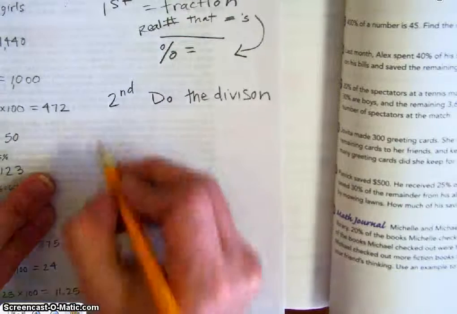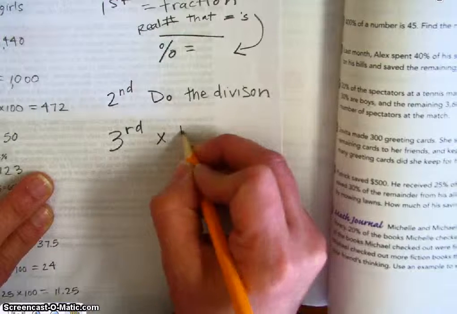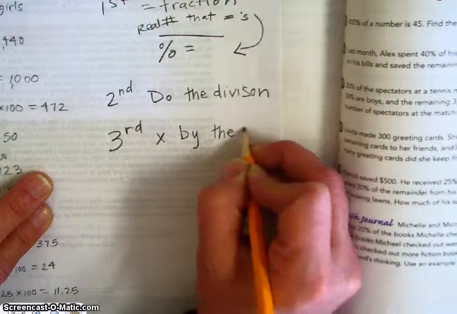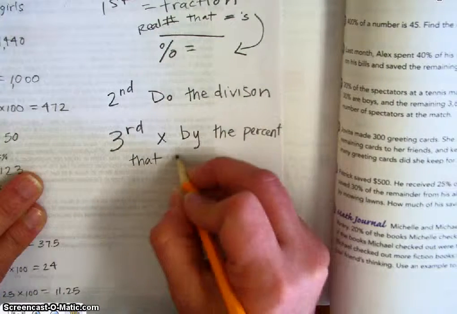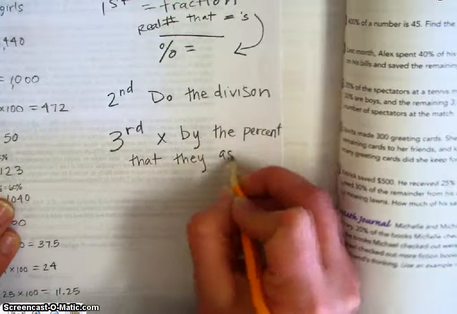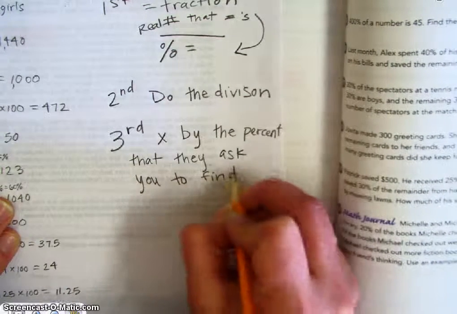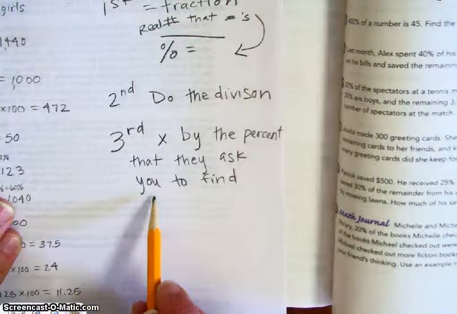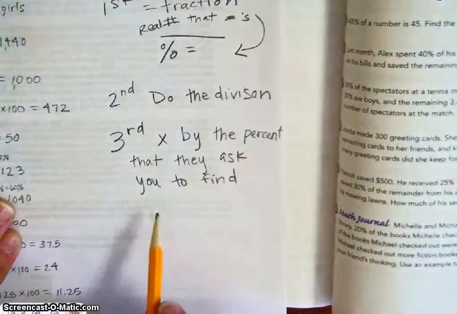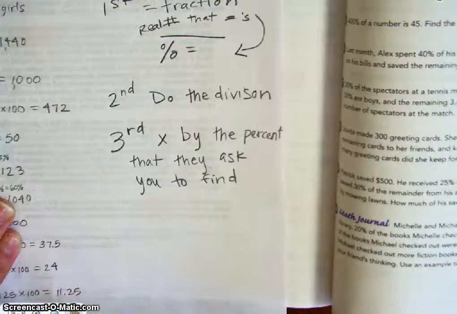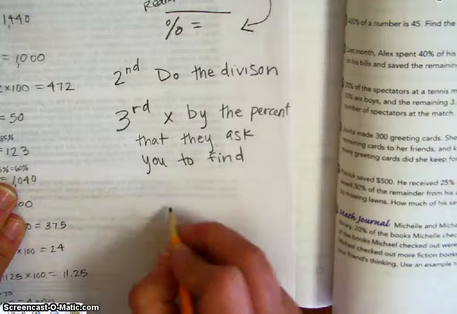Then once you do the division, you times or multiply by the percent that they ask you to find. So if they're asking you to find 15% of a number, you times it by 15%. If they say find the whole number, we're telling you part of it, you need to find it and times it by 100%.